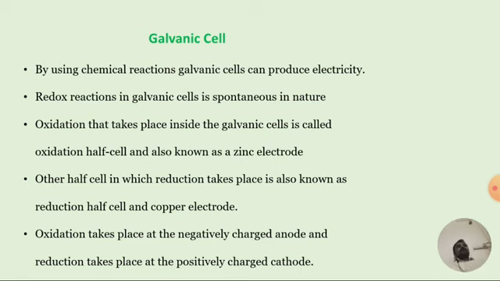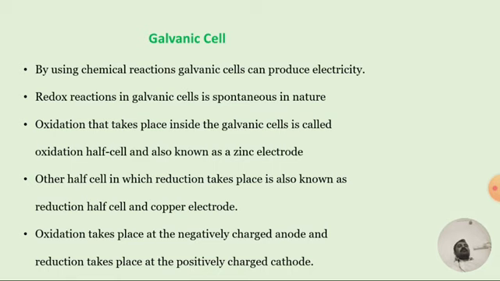If the proper setup is there, oxidation will take place in the proper metals and reduction will take place in the suitable metals, so there is no need to give any extra energy.